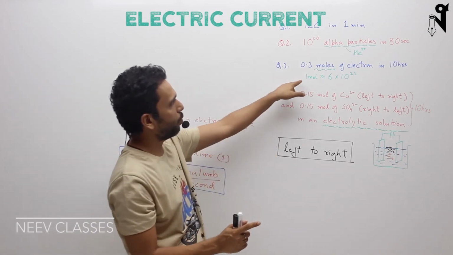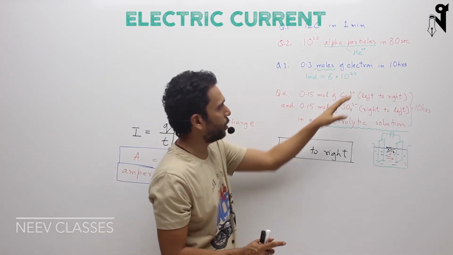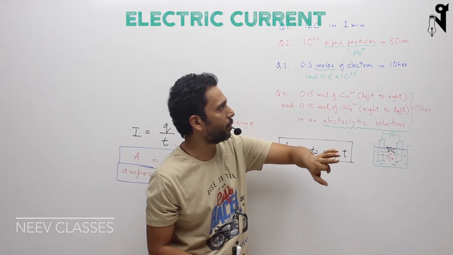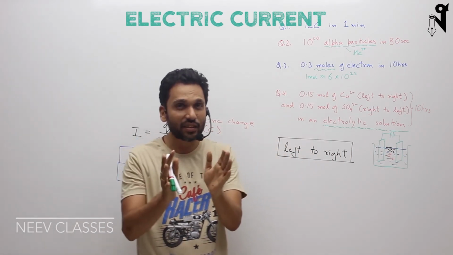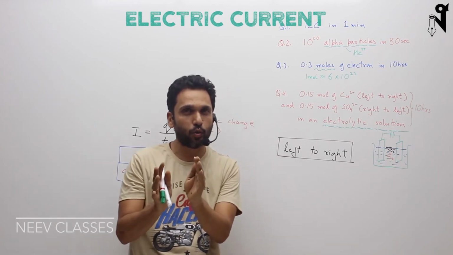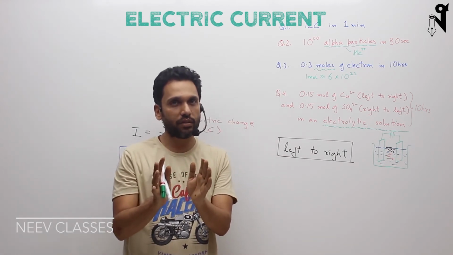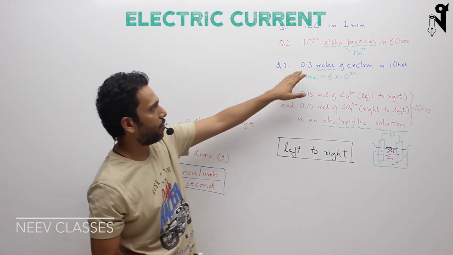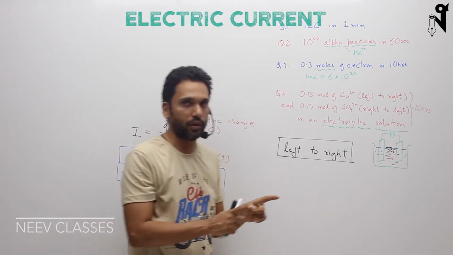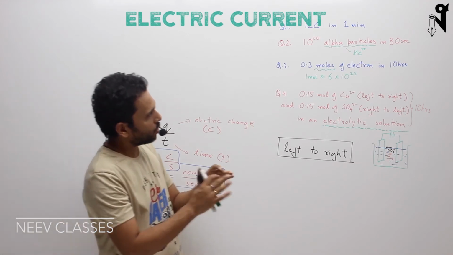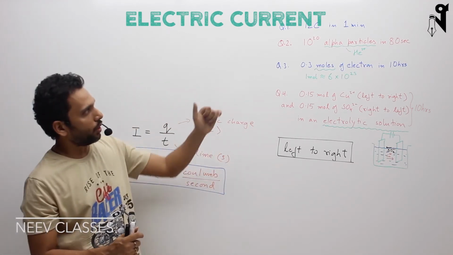If I say 1 mole of electrons is going through, it means 6 into 10 power 23 electrons are going through. If I say 3 dozen is going through, then it means 3 into 12 is going through. So if I have 0.3 moles, you would know how many electrons are going through.